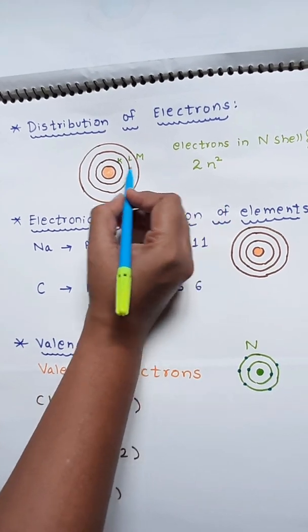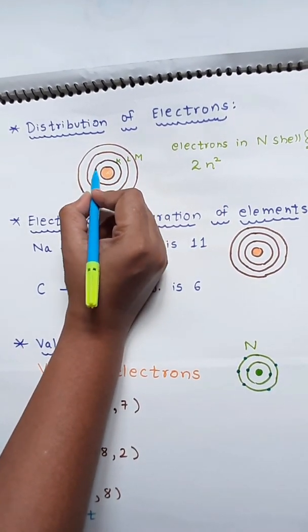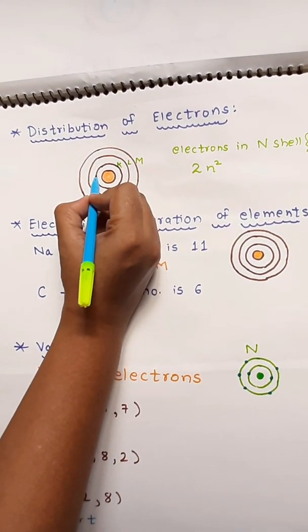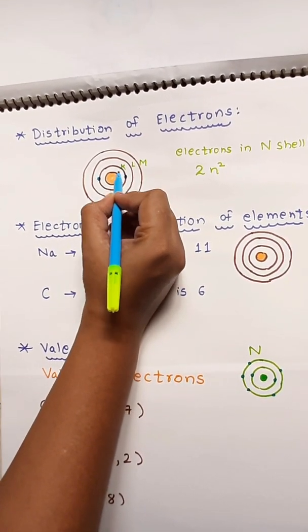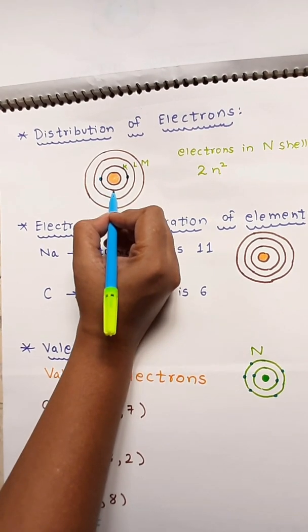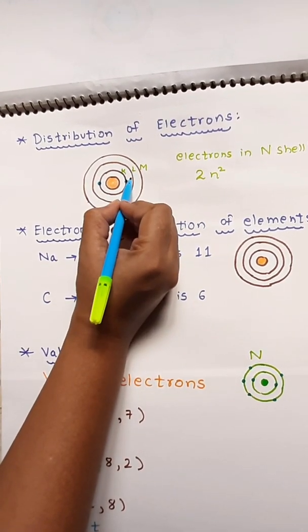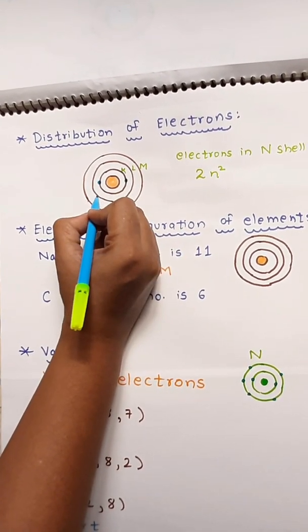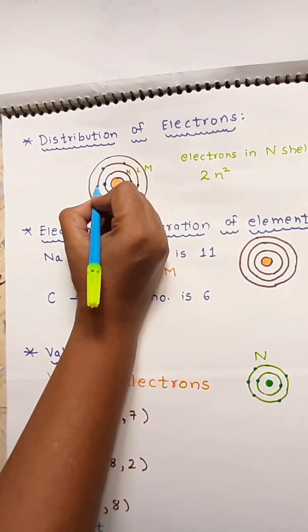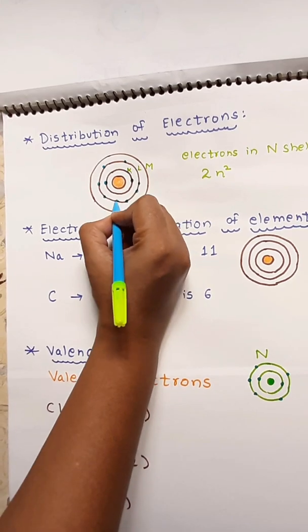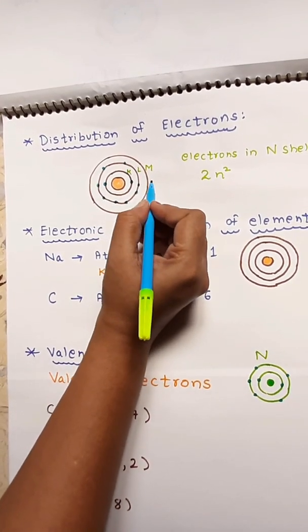It's a rule that the first shell always has 2 electrons. That means the capacity of the first shell, the K shell, is 2 electrons. The next shell, the L shell, has a capacity of 8 electrons.